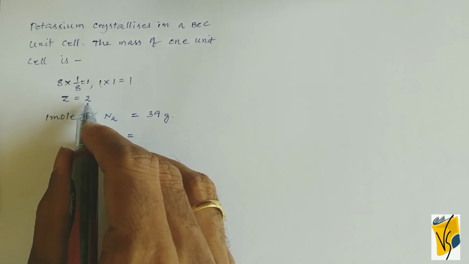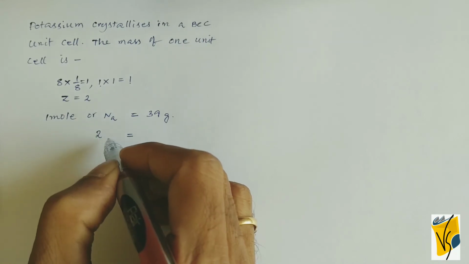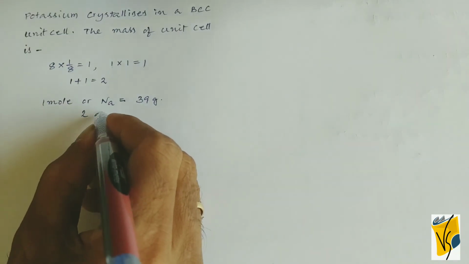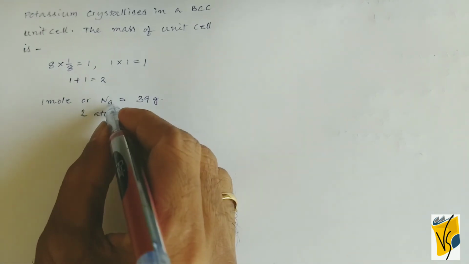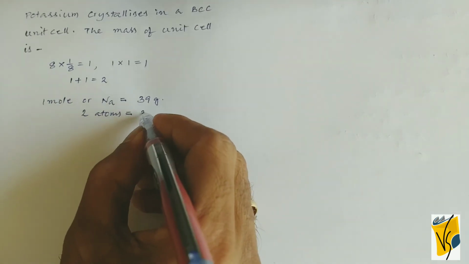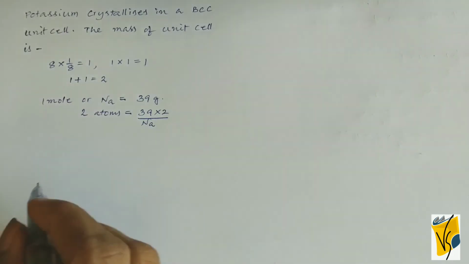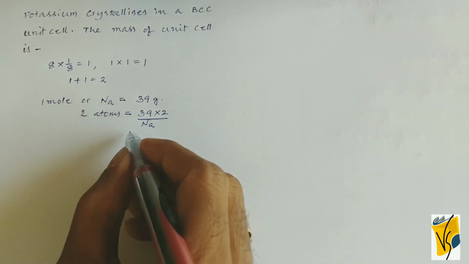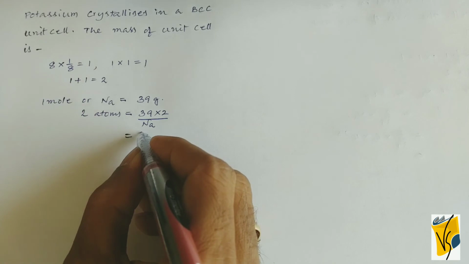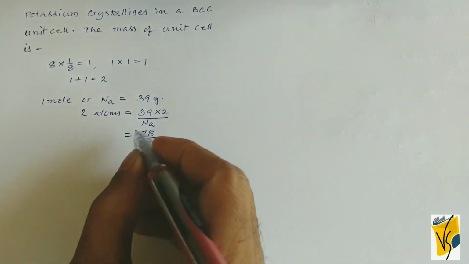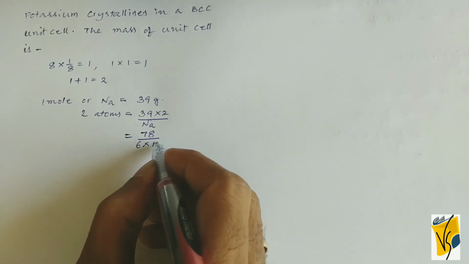1 unit cell contains 2 atoms. Mass of 1 unit cell, or mass of 2 atoms, we have to calculate. 2 atoms have the mass equal to 39 into 2 divided by Avogadro number of atoms. So this is the mass of 2 atoms or 1 unit cell, because 1 unit cell contains 2 atoms. So that is equal to 78 by Avogadro number, approximately taking it as 6 into 10 to the power of 23.